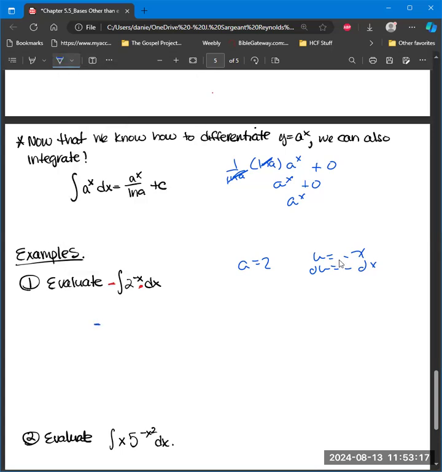This is going to be a negative 1 over ln of a, like that, and then a to the x, or a to the u, and plus c. It's a terrible looking ln. There we go.